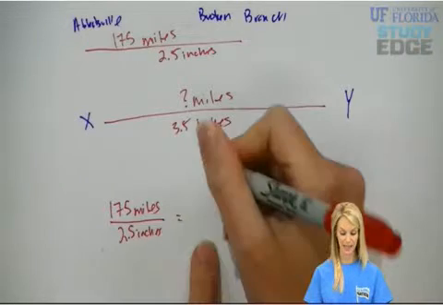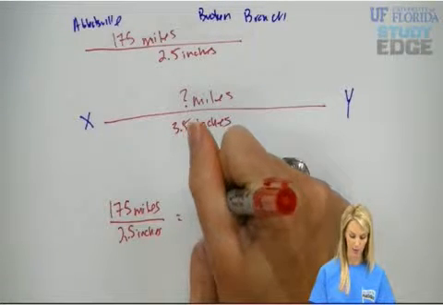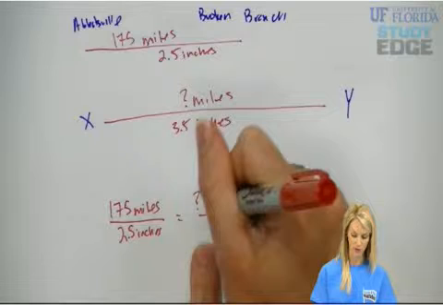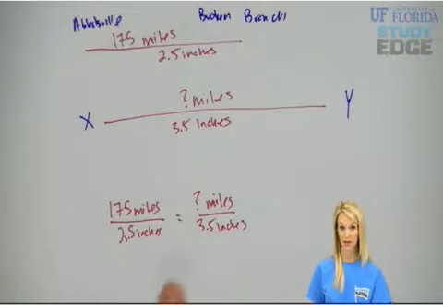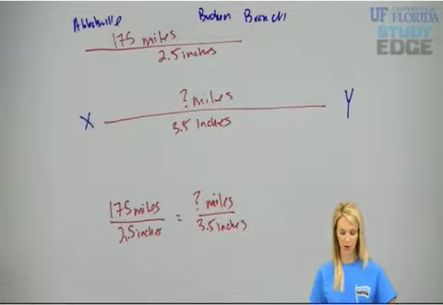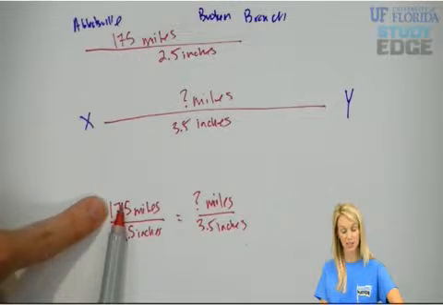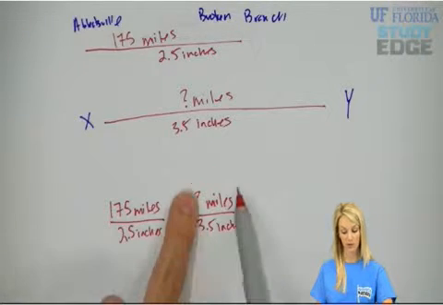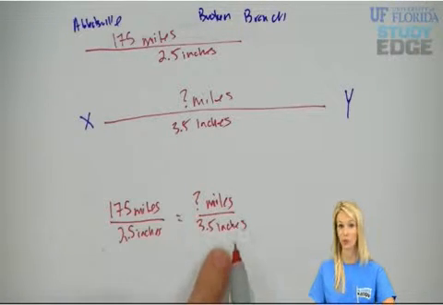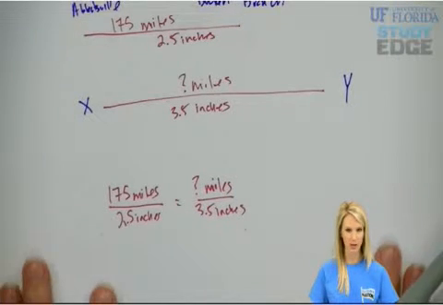Well, if that's the case, then how many miles is represented by 3.5 inches? How can we figure that out? Well, we're saying, you know what? 175 miles gives us a map distance of 2.5 inches. Well, that should be the equivalent of how many miles, giving us 3.5 inches?